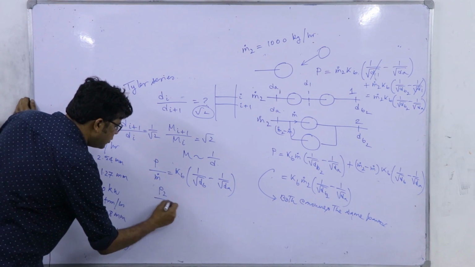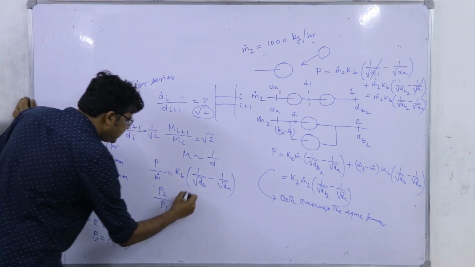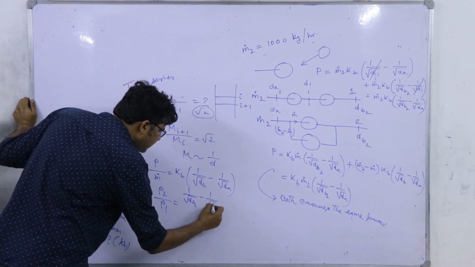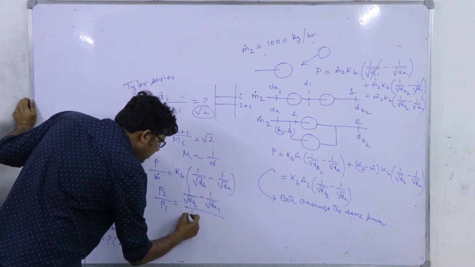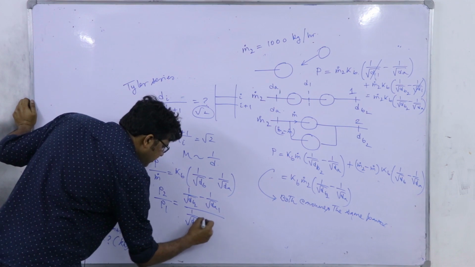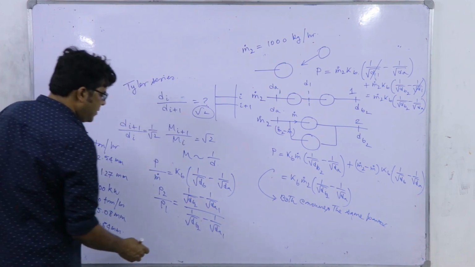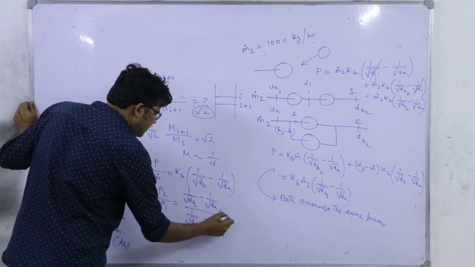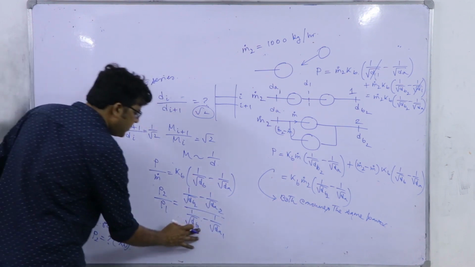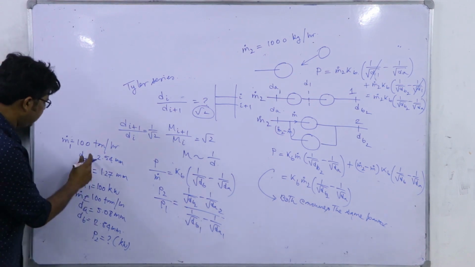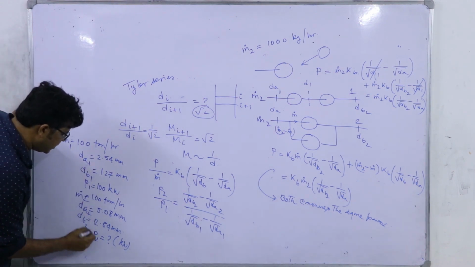So P2 by P1 is equal to 1 divided by under root dB2 minus 1 divided by under root dA2, over 1 divided by under root dB1 minus 1 divided by under root dA1. So if you substitute, this is dA1 dB1, this is dB2 dA2.